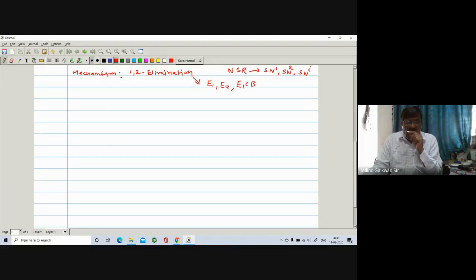We have seen already that there are two processes present, bond breaking and bond forming. Right? We have seen just now how bond breaking and bond forming take place. So the first mechanism we'll see is the E2 mechanism.